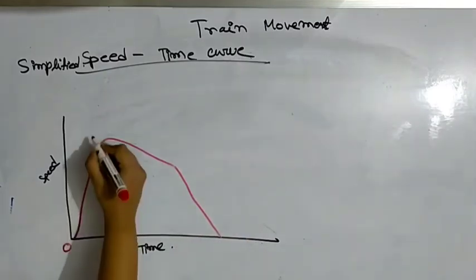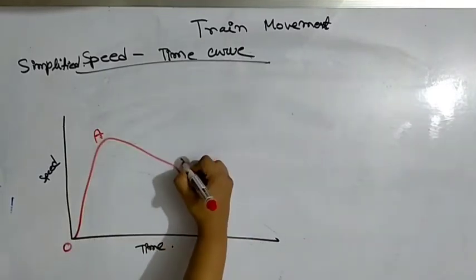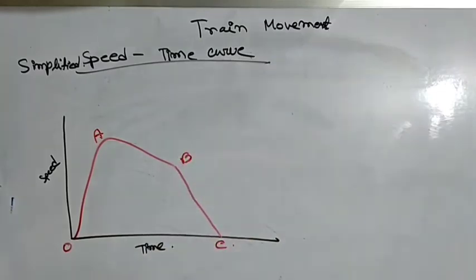And this is O, this is A, this is B and this is C. Now OABC is the actual speed time curve, and the basis of constructing the simplified curve is to keep both the acceleration and retardation values the same, and the areas under the actual and simplified curves, that is the distance between stations, also the same.